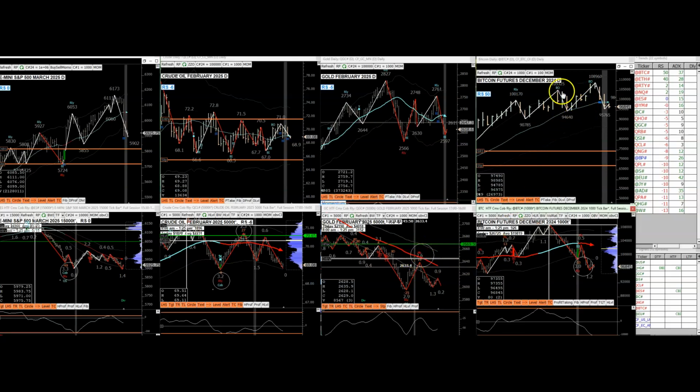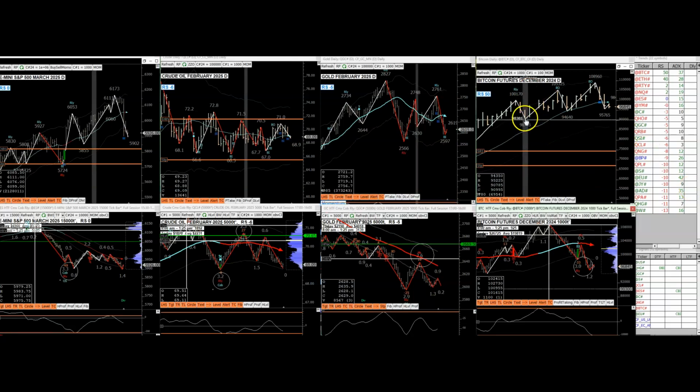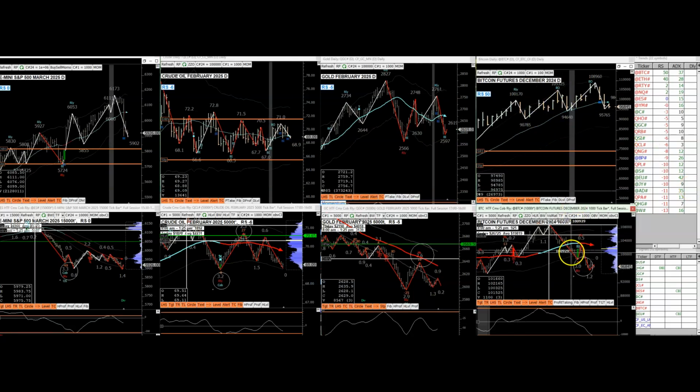Same thing with the Bitcoin. When it went up to 105,000 plus, all the way up to 108, reacted right there. So what do you think is going to happen? It's going to go down. Sellers are in control. And I don't know where it's going to go, but I think the support levels make it obvious that you have 94,000 and then 90,000. So we have to see how they react here.